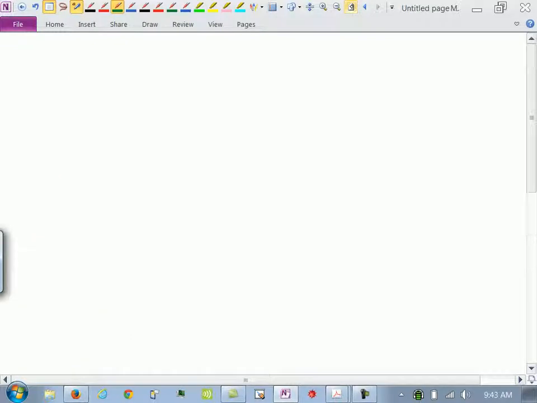All right, so right now we are going to do 2.2 and 2.3. This is solving linear equations. We're just going to call it that, solving linear equations.